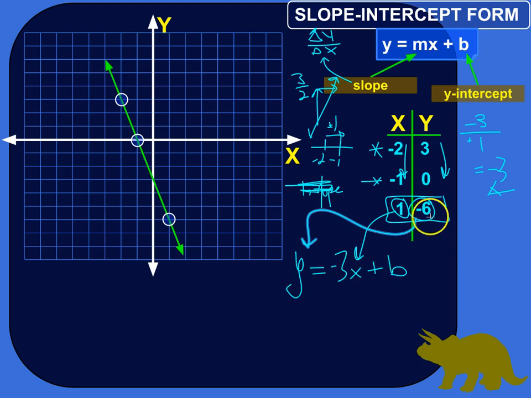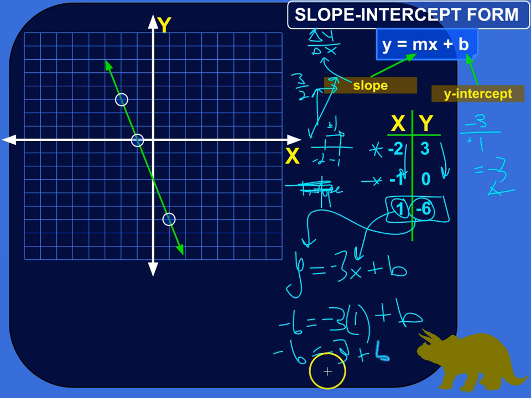So I'll go ahead and plug in. My y is -6, and then my x is 1. Now all I have left is one variable, so I can solve for that. So -6 equals -3 times 1, which is -3, plus b. To get b by itself, I can just add 3.